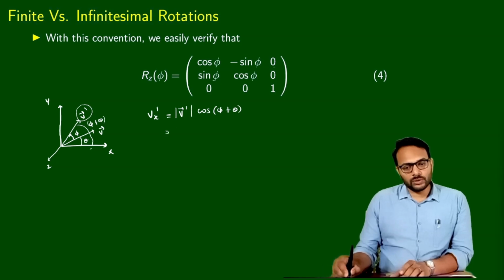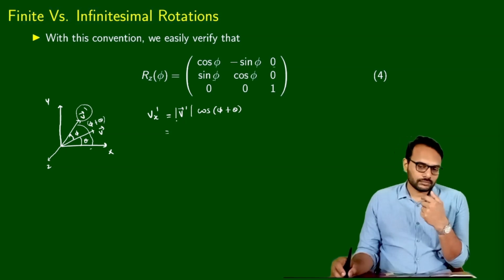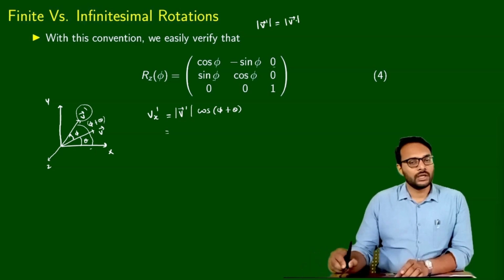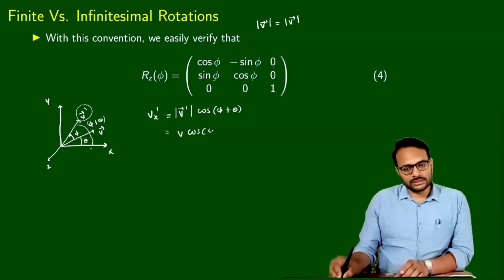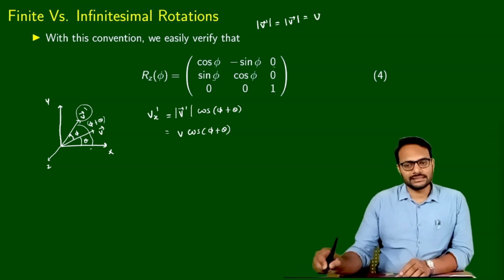But we are considering a rotation, such that the magnitude of the vector does not change. So we have the condition that the modulus of v vector prime is the same as the modulus of v vector. So we can write this as v cos of phi plus theta, where v is the modulus of v vector. We denote both of these as v.